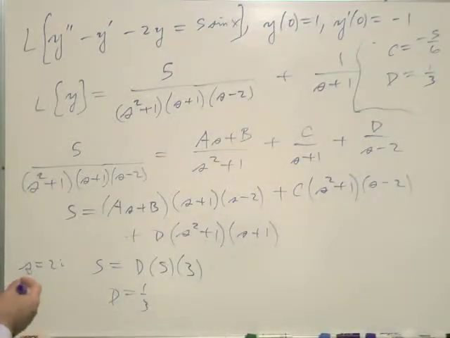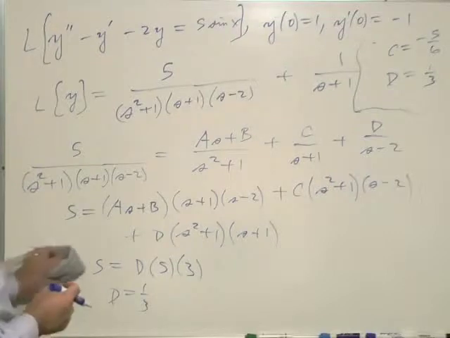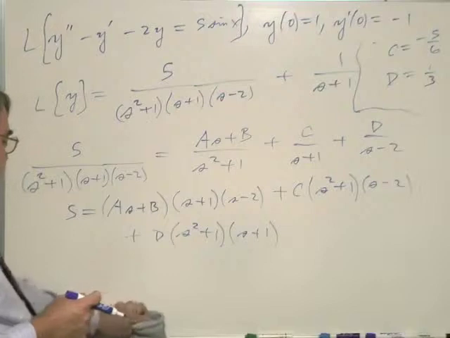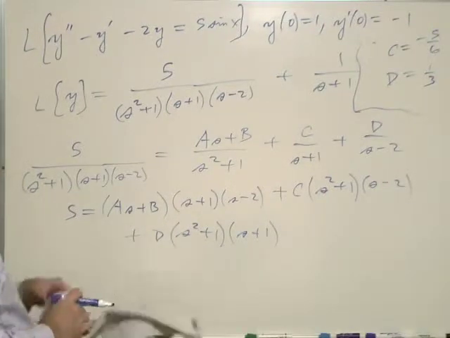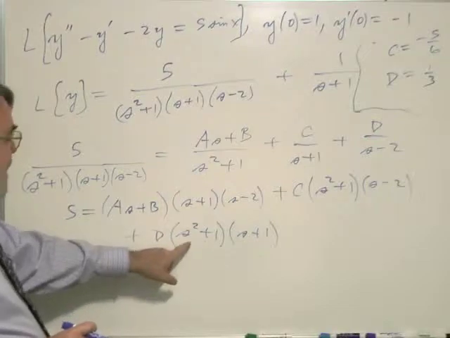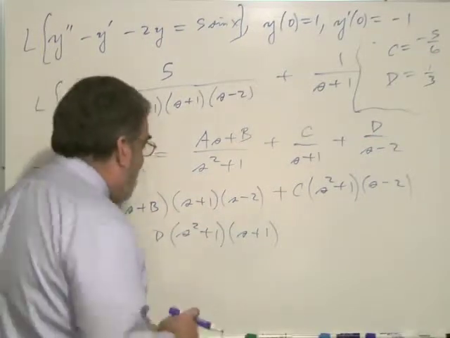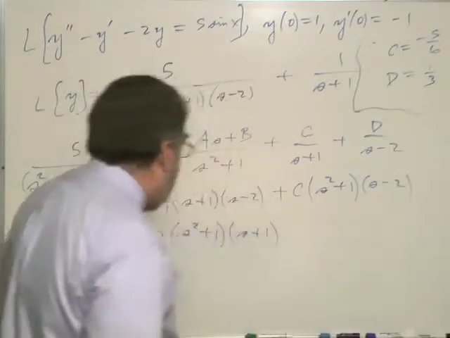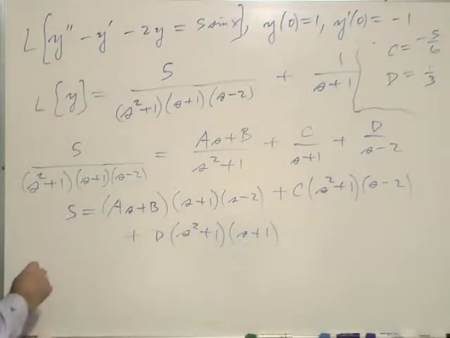Alright, now how are we going to get A and B out of this? Well, I could, I suppose, let S equal to the imaginary number i. i squared plus 1 is 0, that will cancel this term and this term. That would work. Let's try it that way. This is kind of novel.